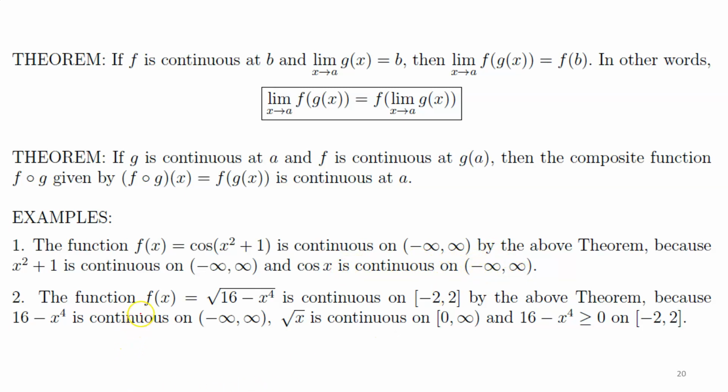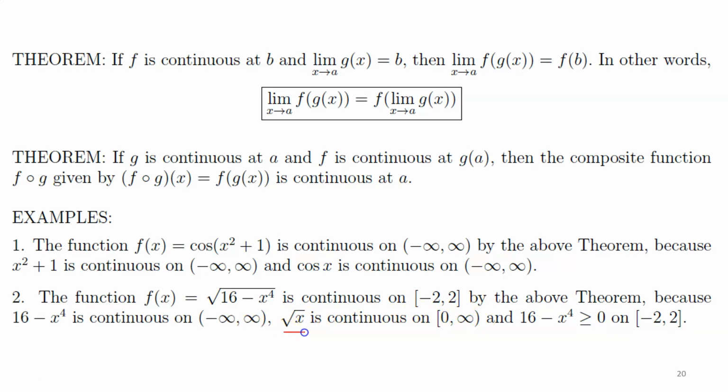For the second one, the function f(x), this one involves square root. Is continuous on negative 2 until 2. Follow the above theorem because 16 minus x to the power 4 is continuous everywhere. It's just that the root of x is continuous on this thing.